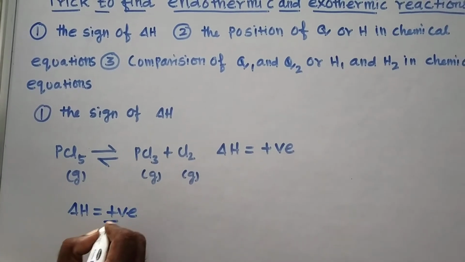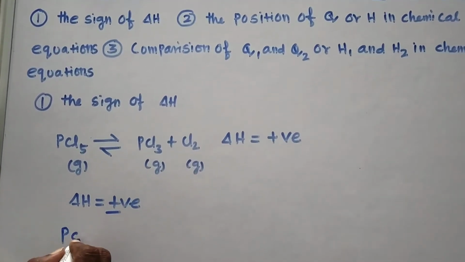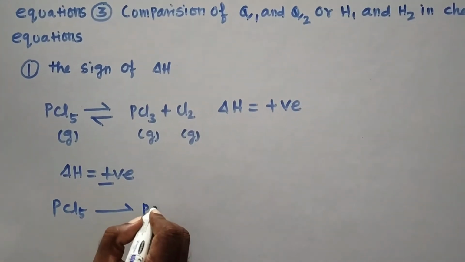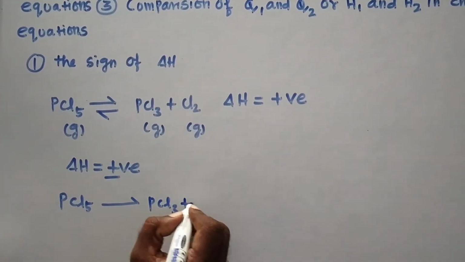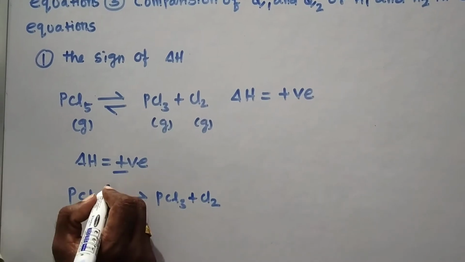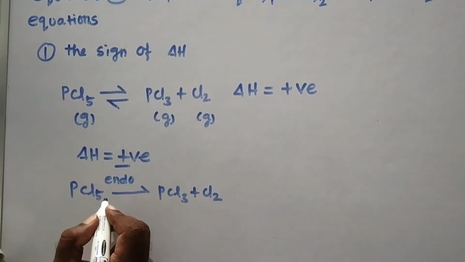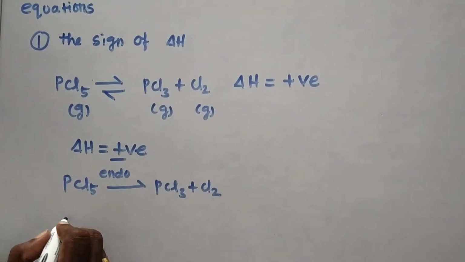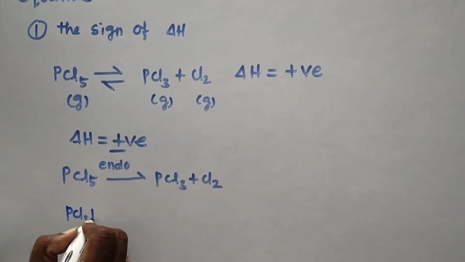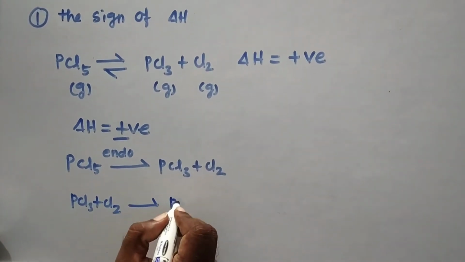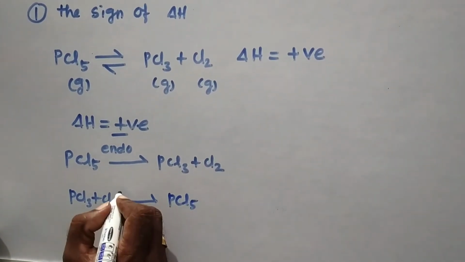Positive means the forward reaction, PCl5 on decomposition forms PCl3 plus Cl2, is endothermic in nature. Then the reverse reaction, from PCl3 and Cl2 to form PCl5, is exothermic.